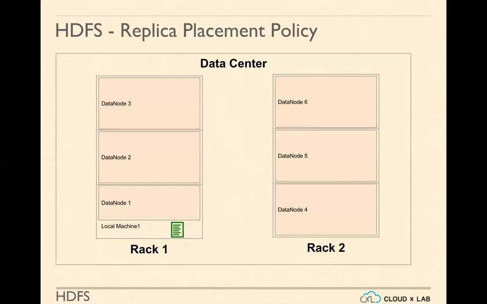So if there are 2 computers on the same rack, the communication will be faster than across racks. Each rack behaves like a local area network.